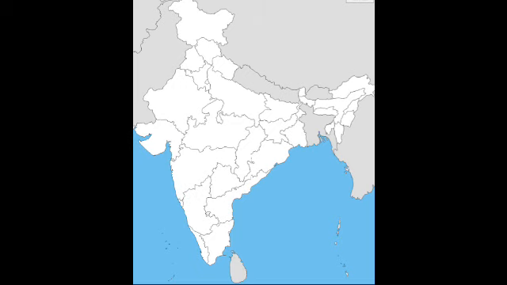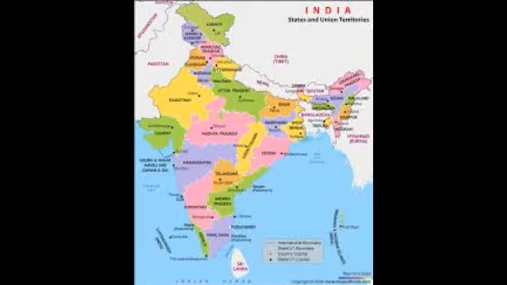See another example. Here is the India map, but it has no title. In this India map, it is not written what the map is, whether India map or political map or physical map. If you give a title to this map, we can easily understand what it is.